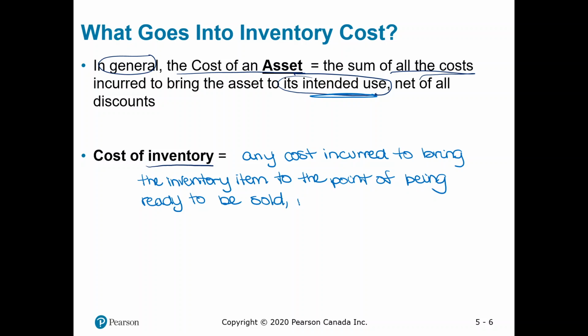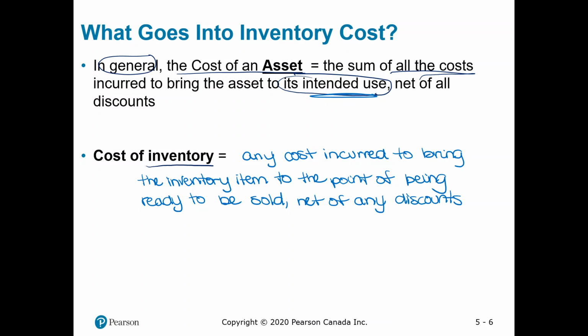And this is also net of any discounts, which we will talk about in a little bit more detail in the future. So any costs that are directly incurred to get that inventory item ready to be sold. You get it to your location, anything that needs to be done on top of that, and so it's sitting on the shelf ready to be sold.